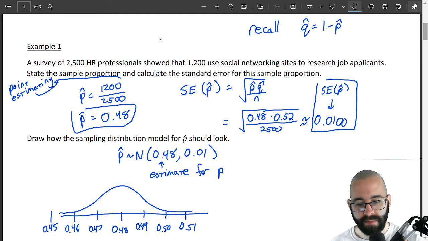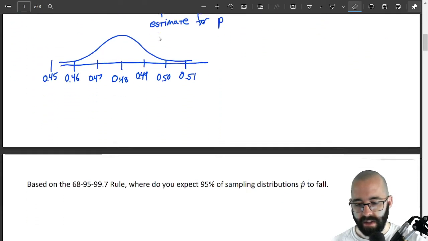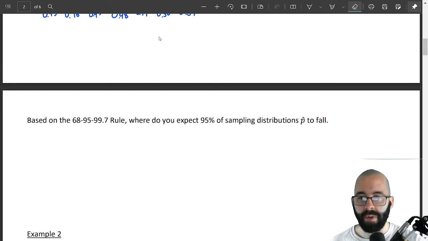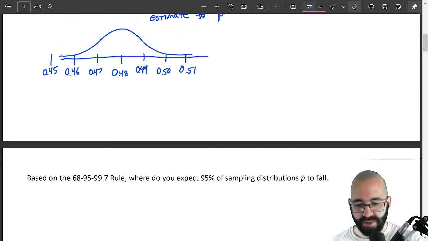Oh, I jumped the gun. Based on the empirical rule, the 68, 95, 99.7% rule, where do you expect 95% to fall? Well, it's normally distributed, so we're going to answer within 2 standard deviations of the mean.